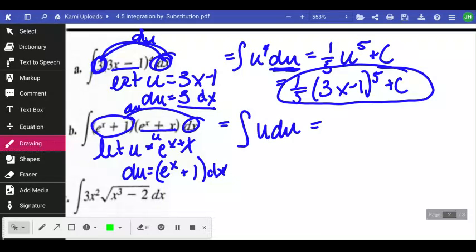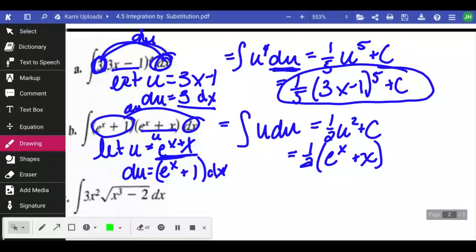So the antiderivative of u is 1/2 u squared, plus c. That equals 1/2, replace u with what u is equal to, which is e to the x plus x, plus c, squared.